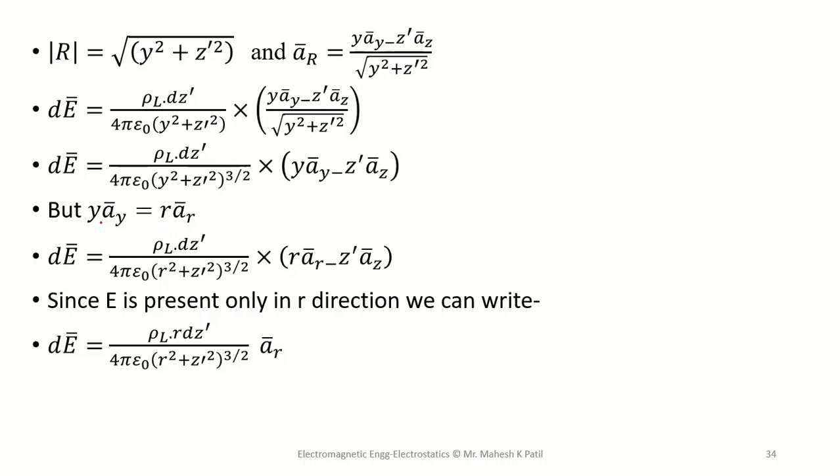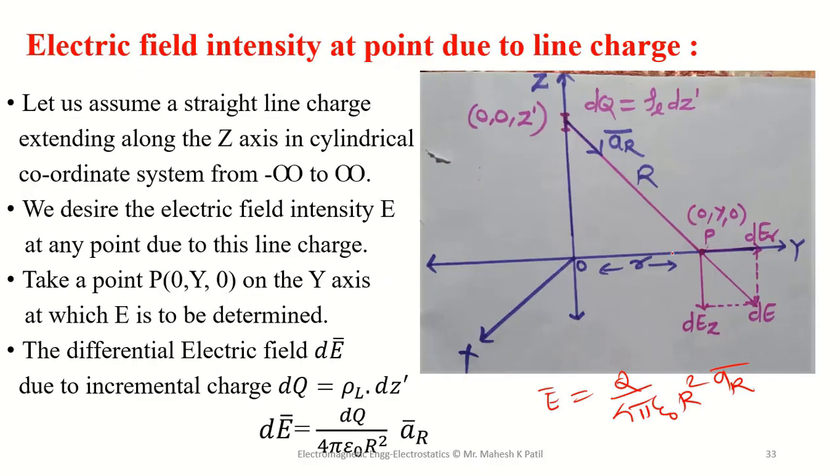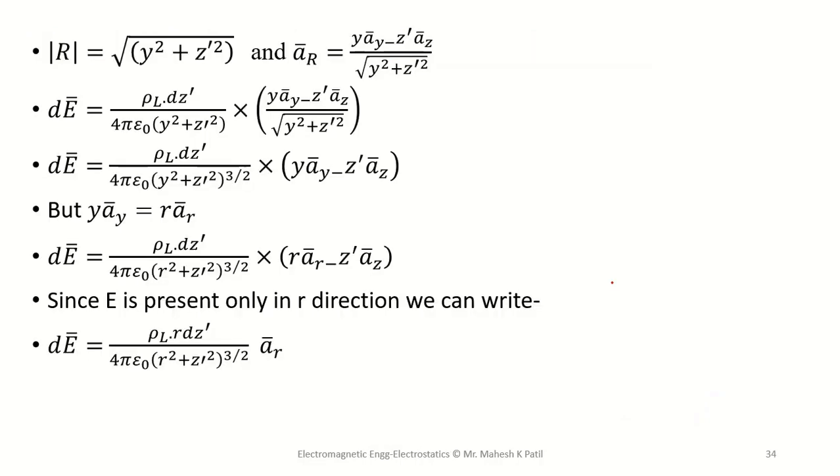Therefore, we can write y a y bar as r a r bar. We can observe this in this diagram. This is the y a y bar, and along the same line is the radius of that cylinder. So I can write y a y bar as r a r bar.